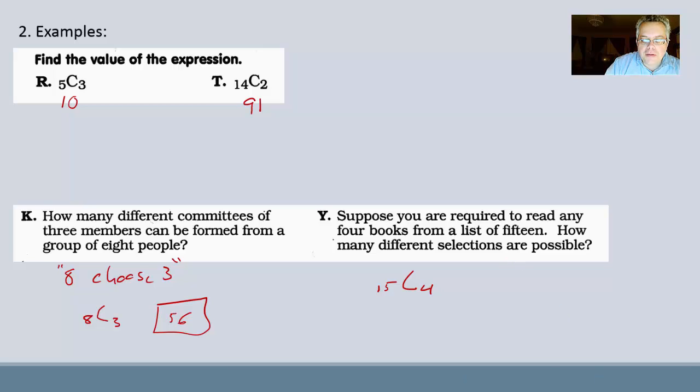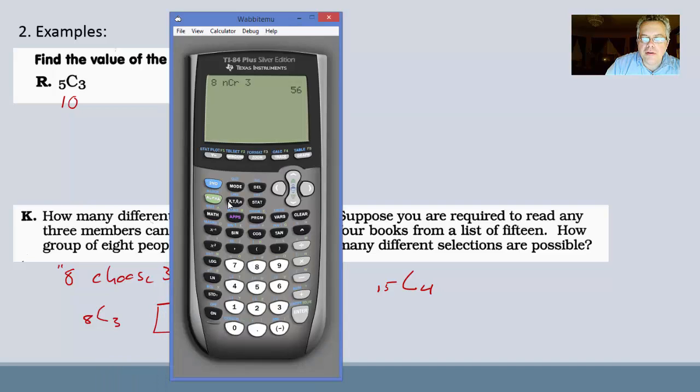You see that command on the calculator, but this is N choose R. Order doesn't matter. So here we go. We have 15. Go to Math, Probability. NPR is right there, number 2. That's if order makes a difference, but we don't want that. We want number 3, and we're choosing 4. You can choose your books 1,365 different ways.